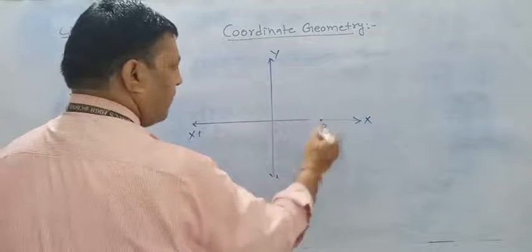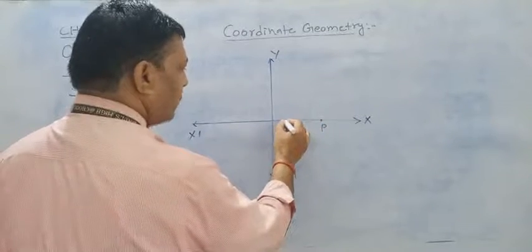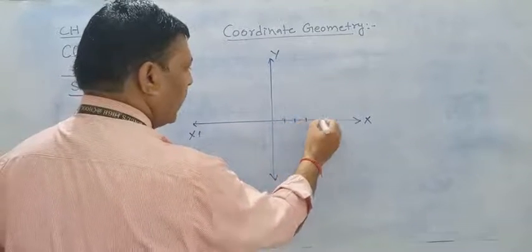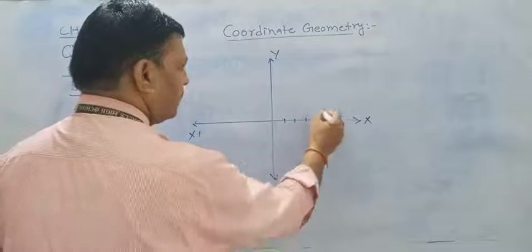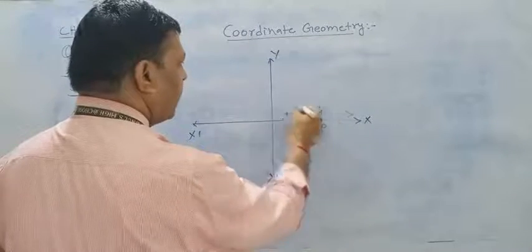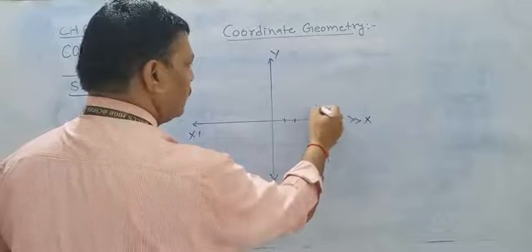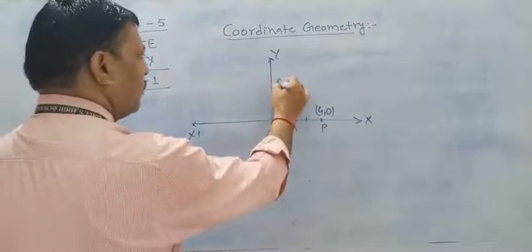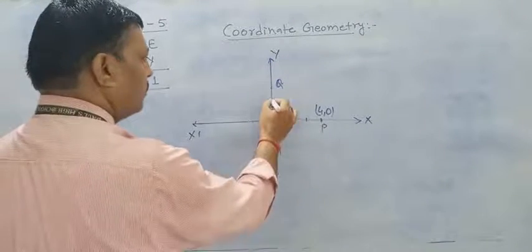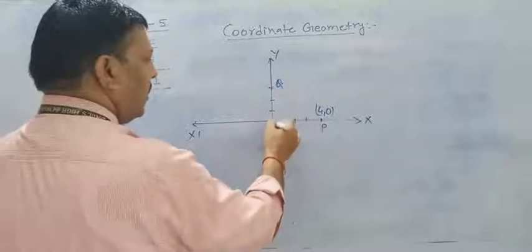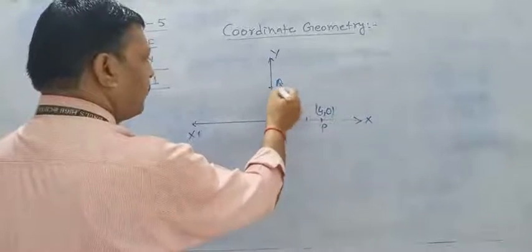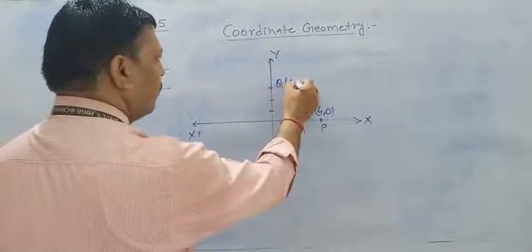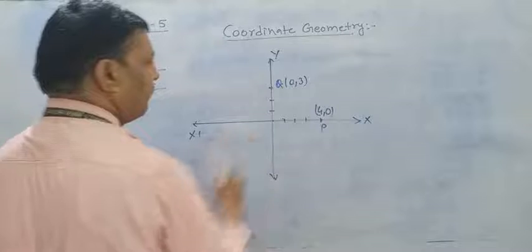If we take point P, we can count the units, suppose 1, 2, 3 and 4 units. So this is 4 units. Now what is the perpendicular distance from the x-axis? It is 0. And suppose this is Q on the y-axis, so we can count the perpendicular distance from the y-axis as 0, and it is 3.